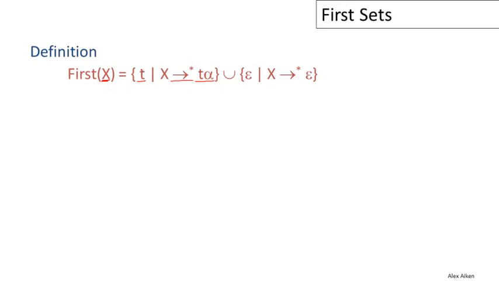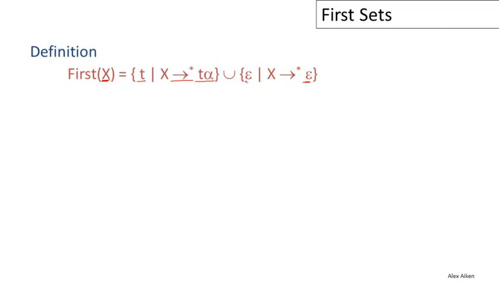All the possible terminals that can be derived in the first position will be in the first of x. Now, for technical reasons that will become clear in a minute, we also need to keep track of whether x can produce epsilon. Even though epsilon is not a terminal symbol, if x can go to epsilon via 0 or more steps, then we'll say that epsilon is in the first of x.